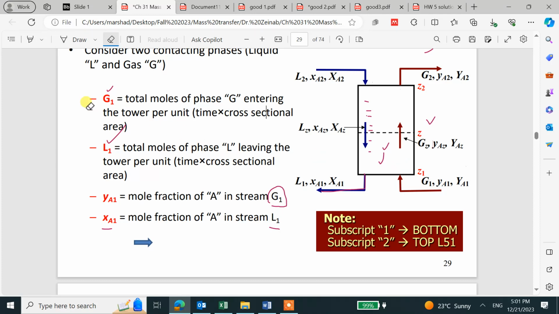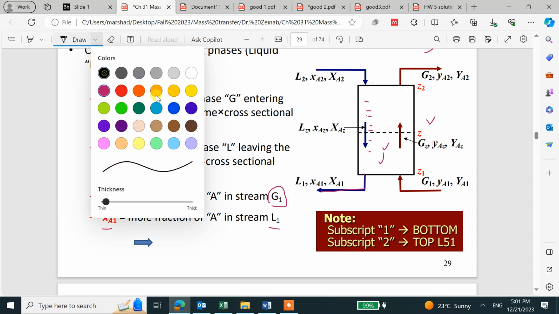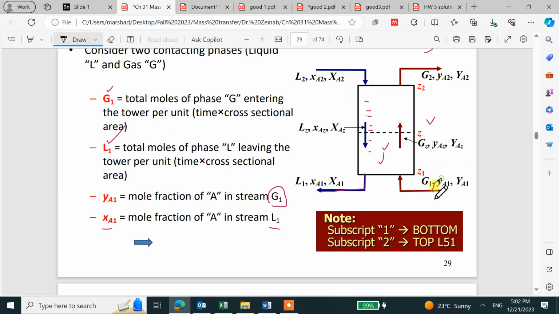We know how much is the mole fraction of the impurity A, so this will be known. Now the liquid flow rate, how much is coming? Most likely it should be known. And the solvent, which has how much A, or it is free, xa2 could be 0 or whatever, depending on the solvent we are using for the separation.